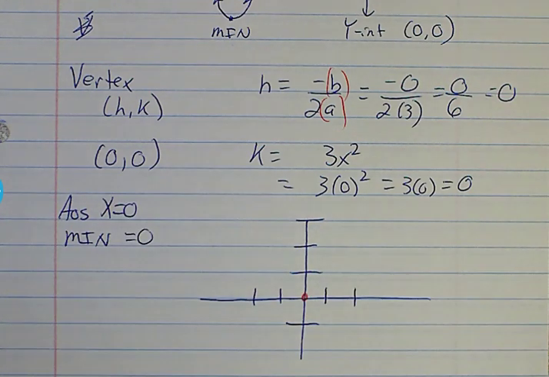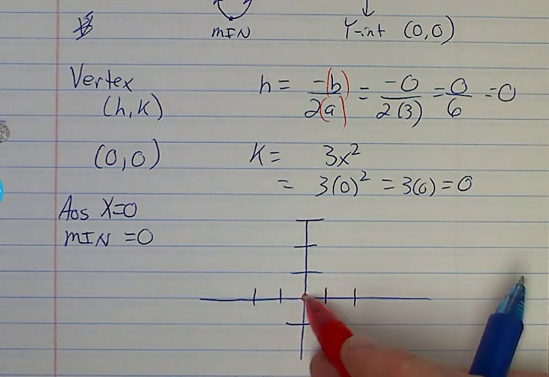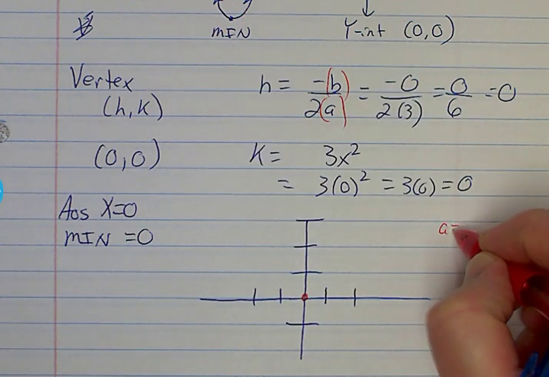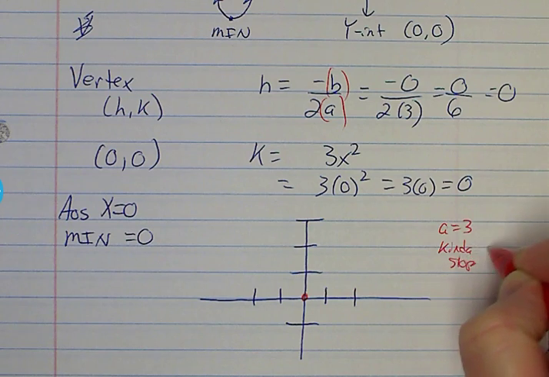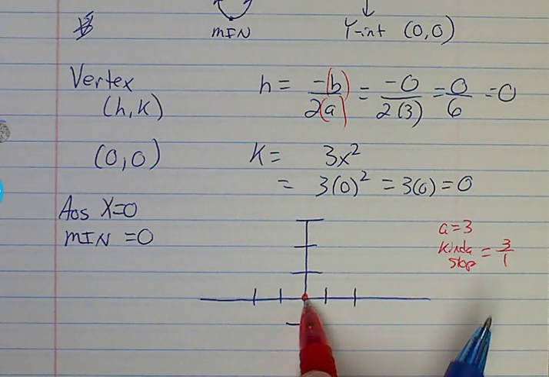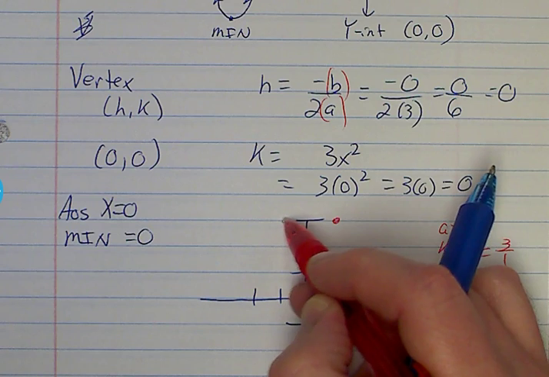So right there. And that's also the y-intercept. So it doesn't help us to plot the y-intercept because it's the same point. This time you have to use your a value, which was 3. So that means our slope is going to equal 3 over 1. So from here, we're going to go up 3 and over 1 to the right side, and up 3 and over 1 to the left side.